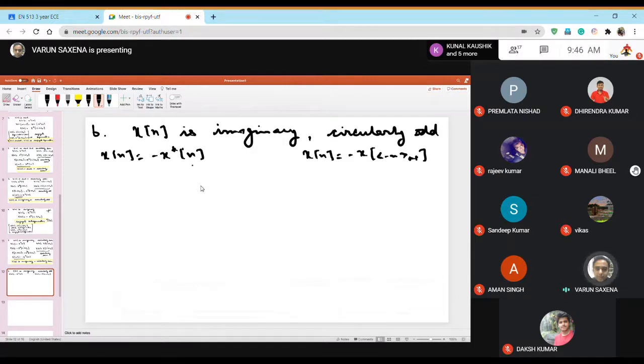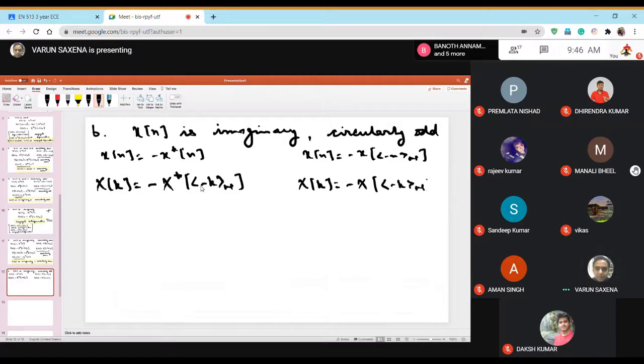So if I take DFT on this side, I get capital Xk as minus capital X conjugate of minus k modulo n. Okay. Then if I take DFT on this side, then that is simply minus X of minus k modulo n. So if I look at this, I can say that they are circularly odd.